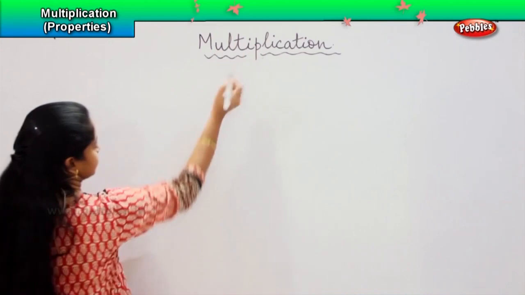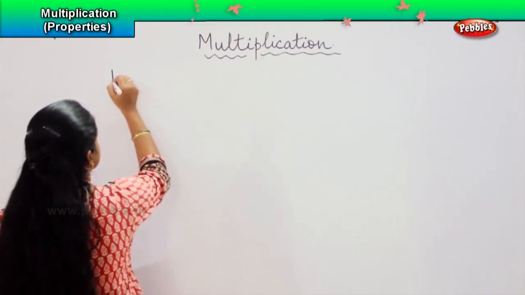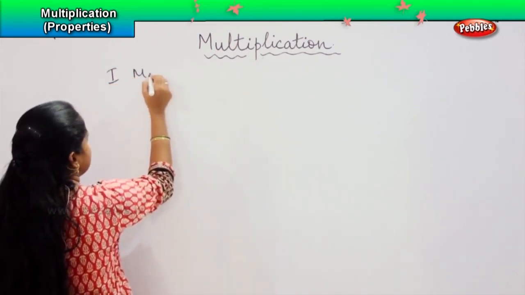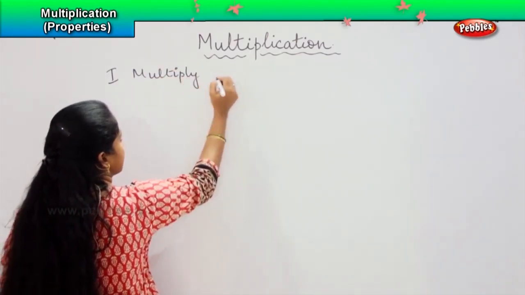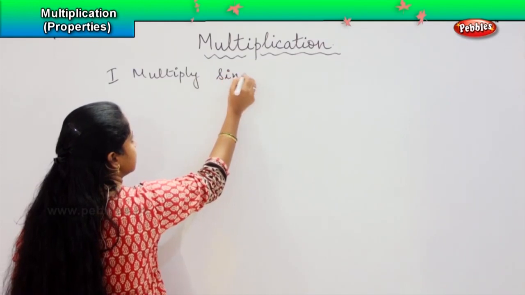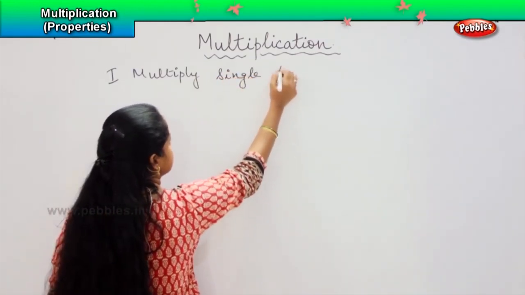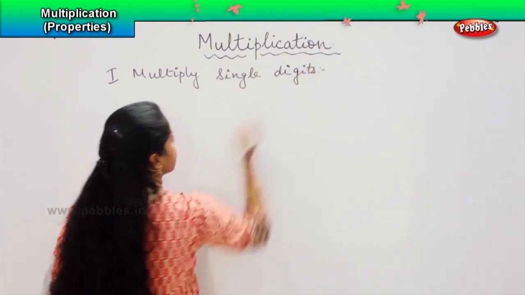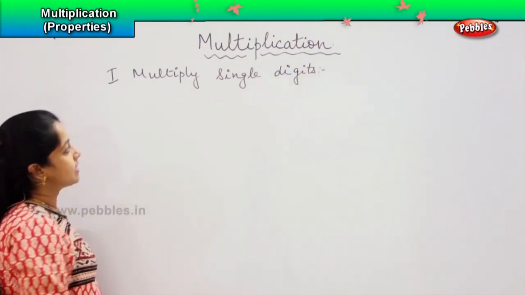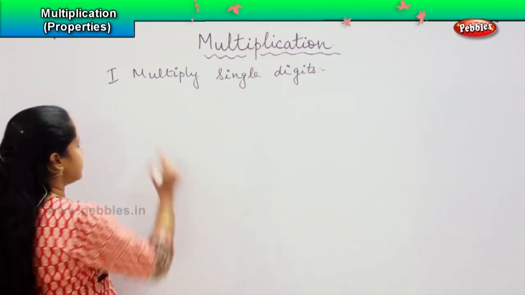For example, the first one is multiplying single digits.